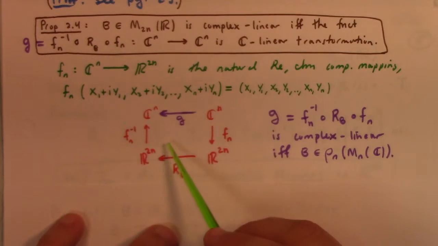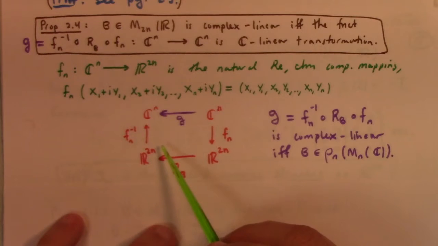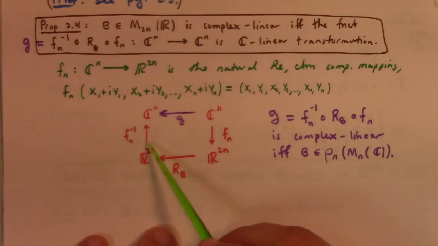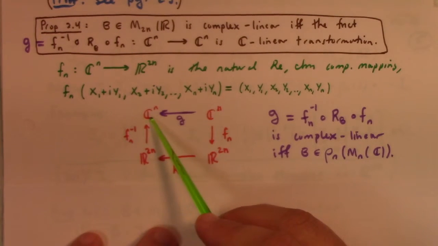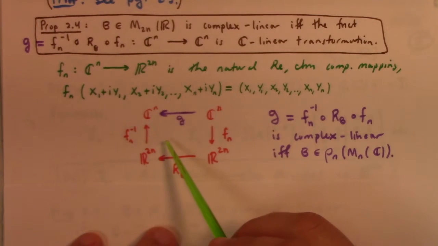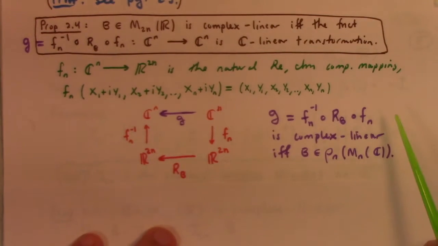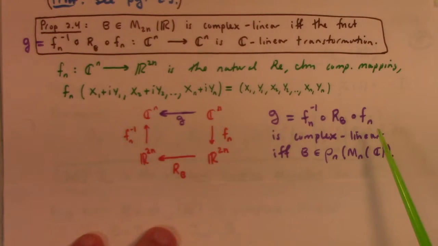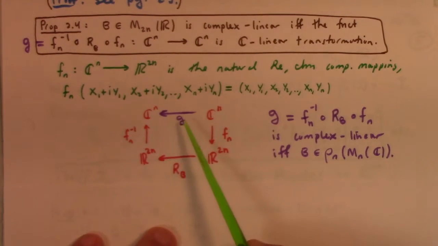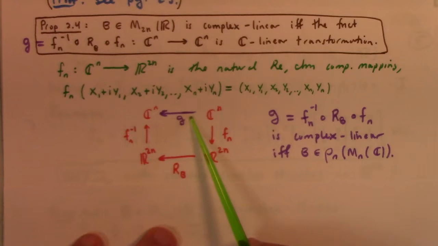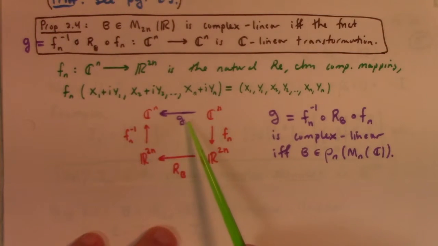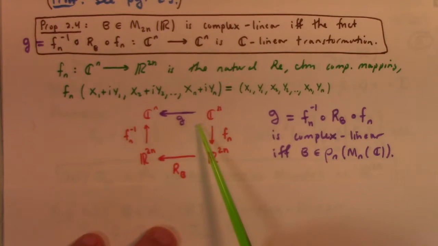That gives you another 2n tuple of real numbers, and then you convert it back to a complex vector by the inverse of the real-imaginary string out map. It follows that G is complex linear, and the matrix of G is an n by n complex matrix.